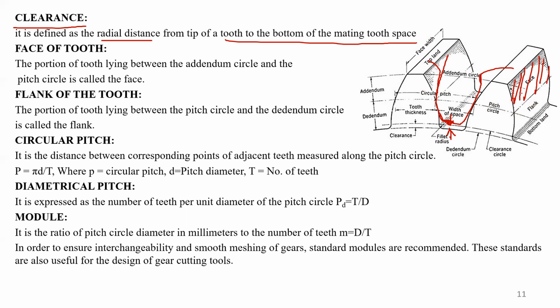So this portion is called the face of the tooth. And what is the flank? Flank of the tooth is the space lying between the pitch circle and the dedendum circle.